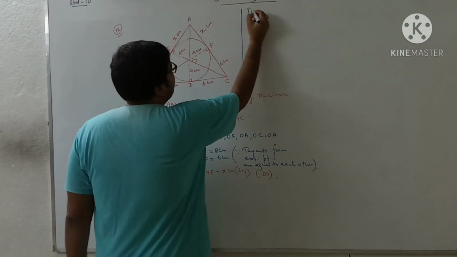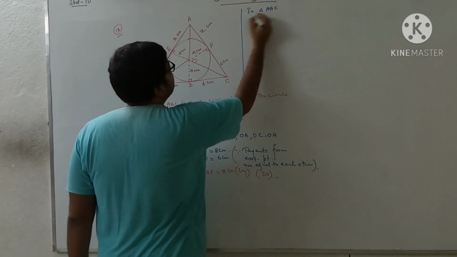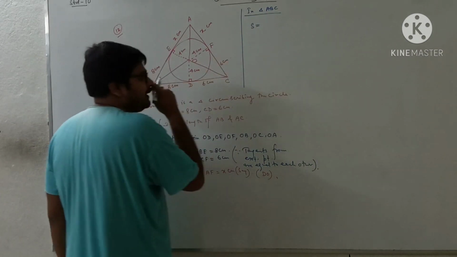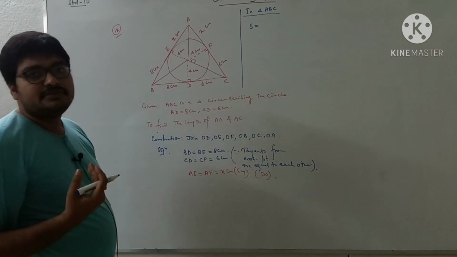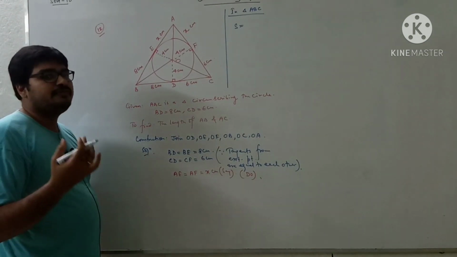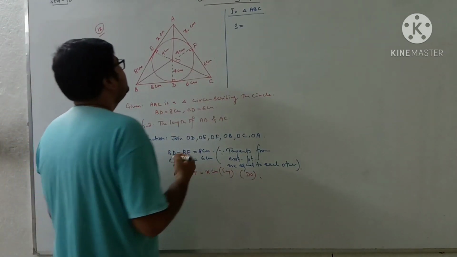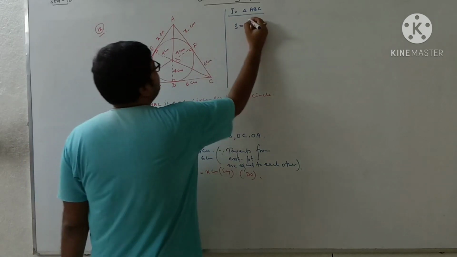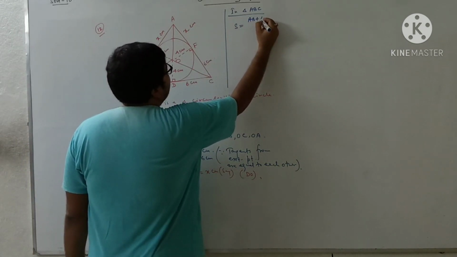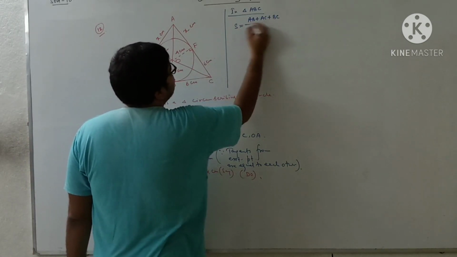So in triangle ABC, first of all you will find out the semi-perimeter, because to use Heron's formula you have to find out the semi-perimeter. So the semi-perimeter is AB plus AC plus BC divided by 2.